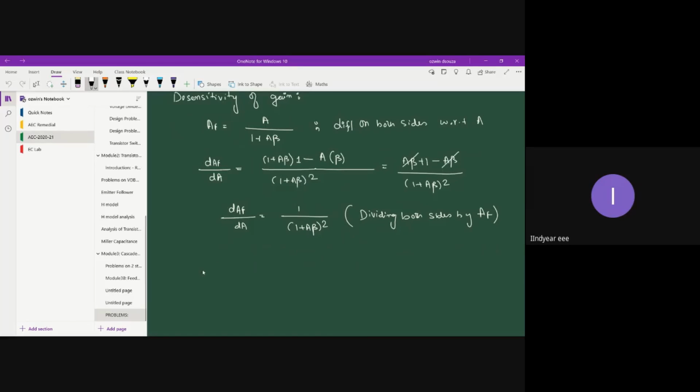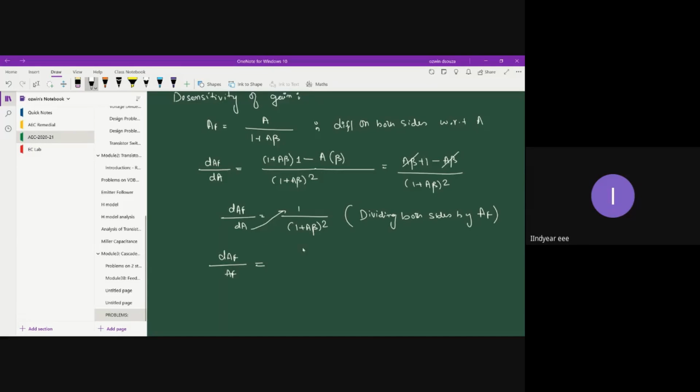So what do we get? When we divide both sides by AF, what I will do, this I will bring it to the right hand side. So I get dAF divided by AF, as I am dividing left hand side with the AF.